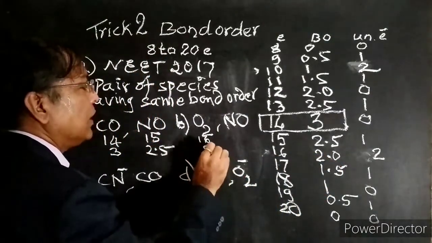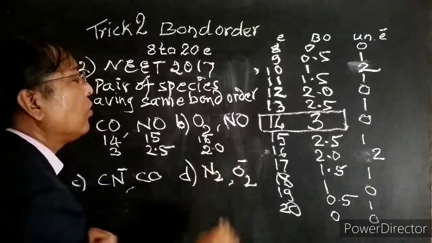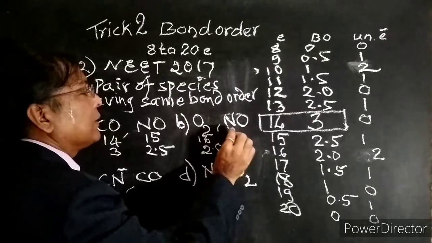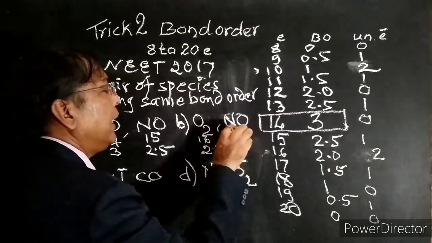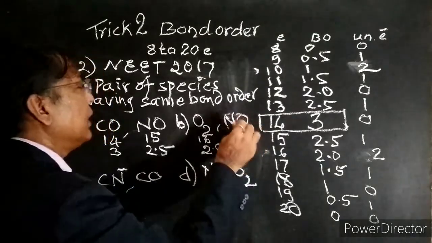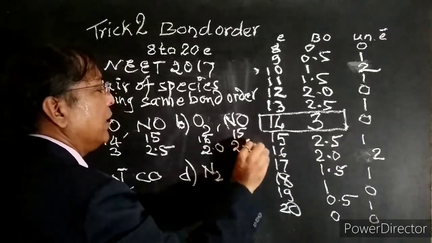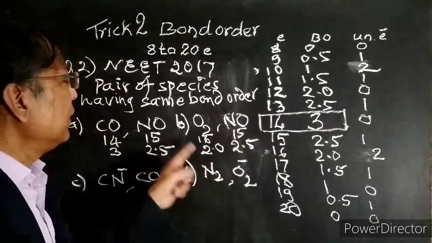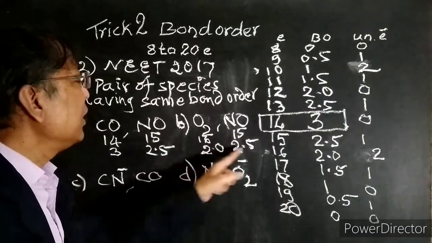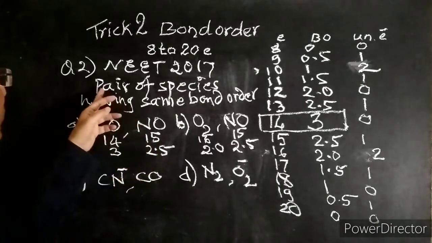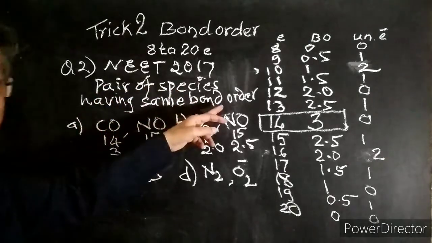In case of NO, nitrogen has 7 and oxygen has 8 electrons. The total number of electrons in NO is 15. Therefore, its bond order is 2.5. If we see, this pair has different bond orders, so we have to find the pair of species having the same bond order.